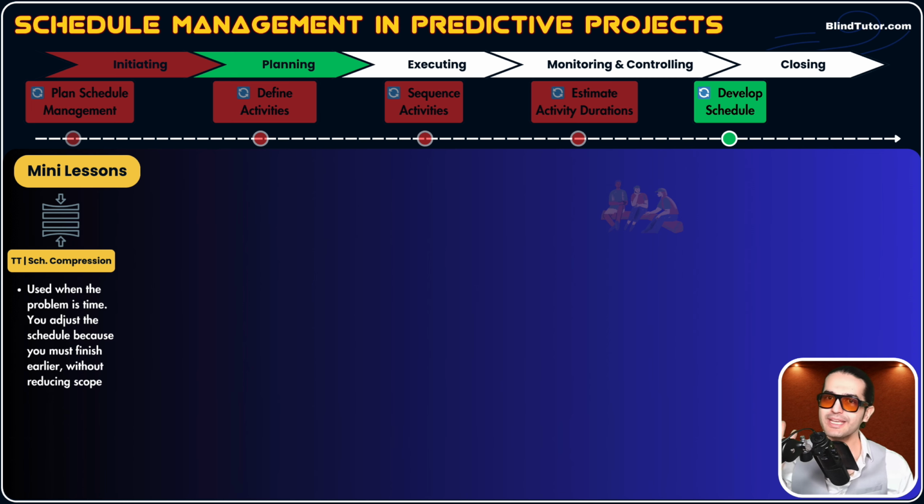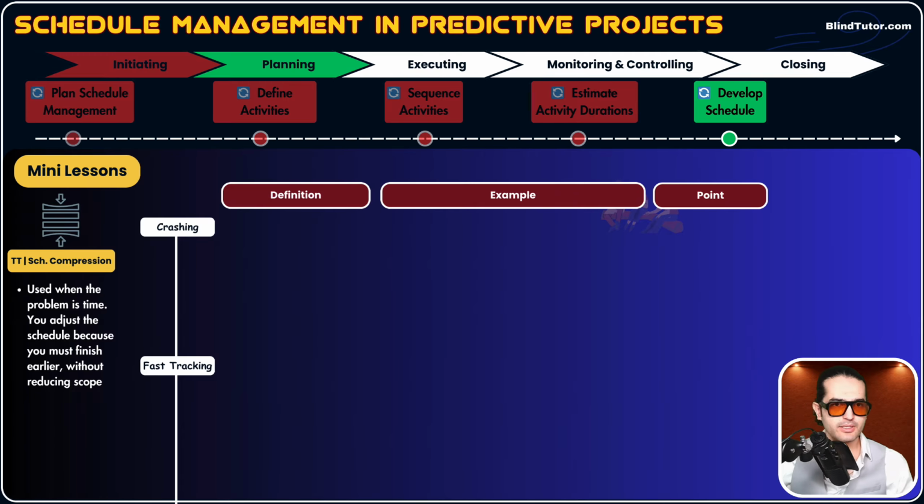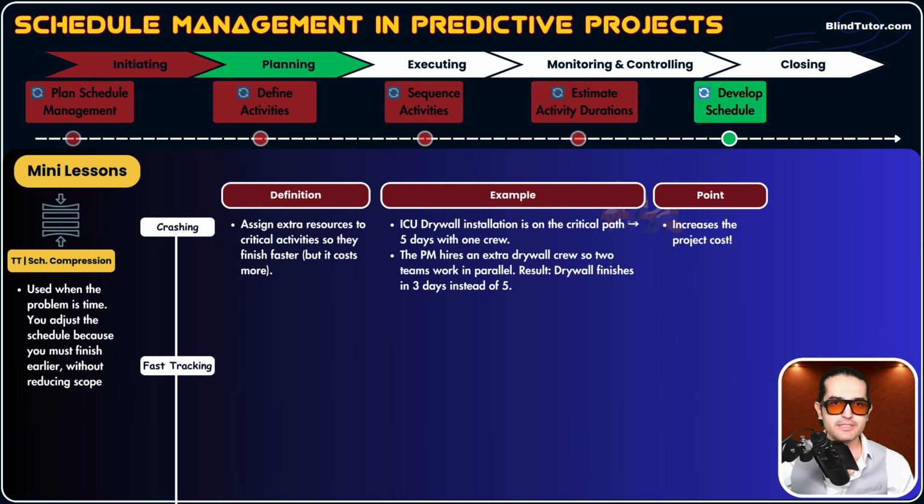And you apply 2 techniques, guys. Schedule compression techniques are 2: crashing and fast tracking. What's crashing, guys? Crashing means we assign extra resources to critical activities so they finish faster. Why critical activities, guys? We said activities that are on the critical path are very important.